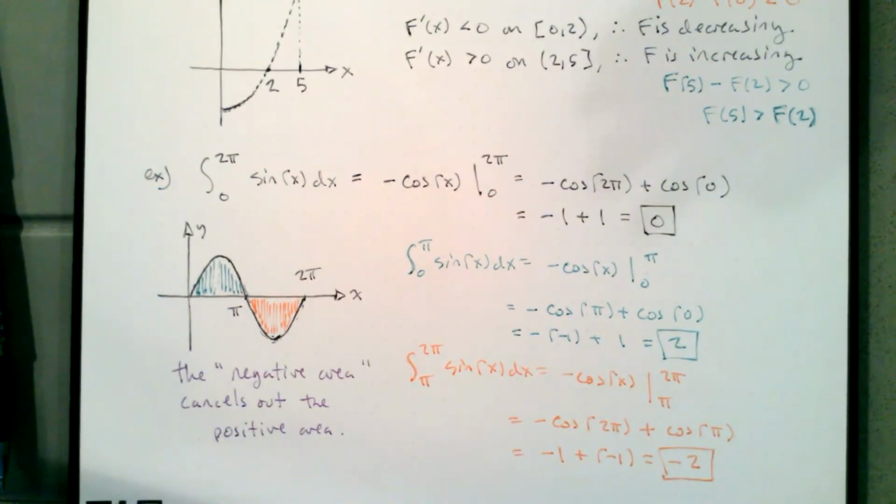So the area in each of those bumps is equal to 2. And so since one is positive, one is negative, and they're the same, when we integrate from 0 to 2 pi, we end up with a definite integral of 0. We would say that the total area is equal to 4, but the definite integral is equal to 0.